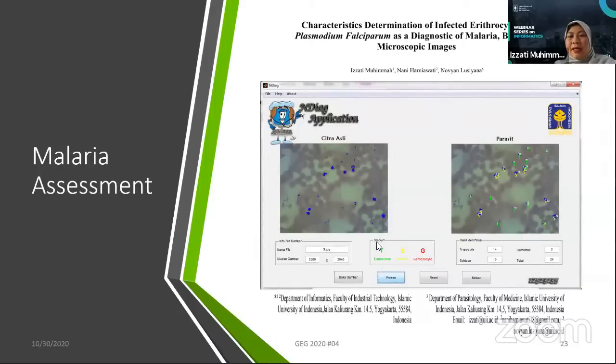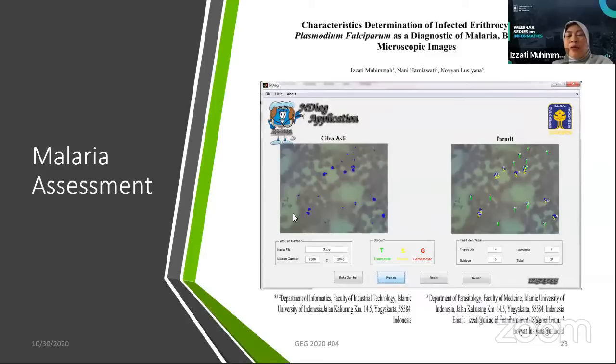There are stages of the formation in the blood cell: trophozoite, schizont, or gametocyte. This is the manifestation of how severely your blood is infected by Plasmodium falciparum.